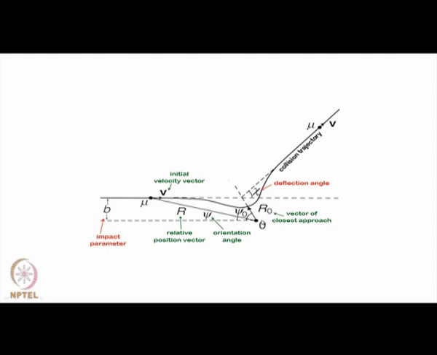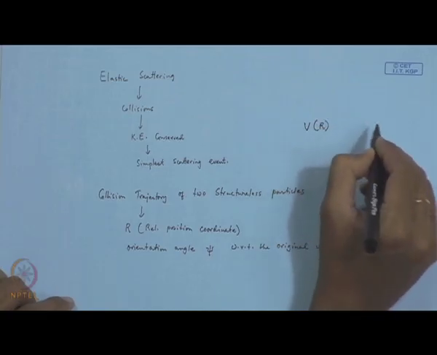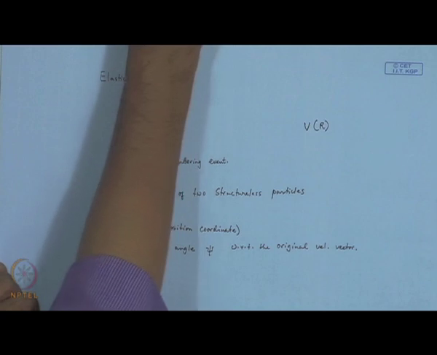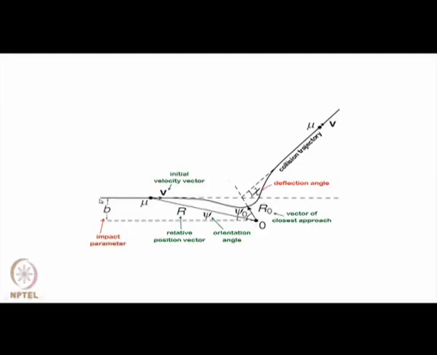If you put a V(r) potential as a function of r at the origin, then this particle of mass mu should have experienced some force.